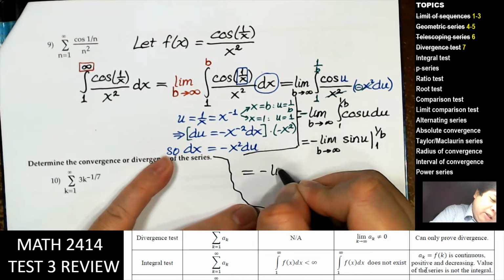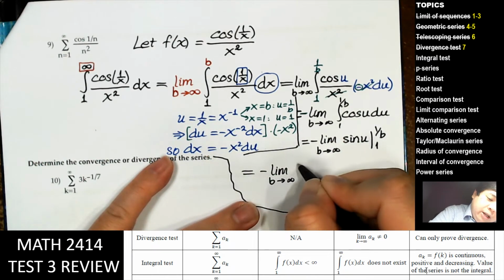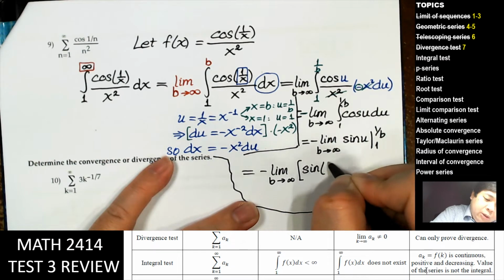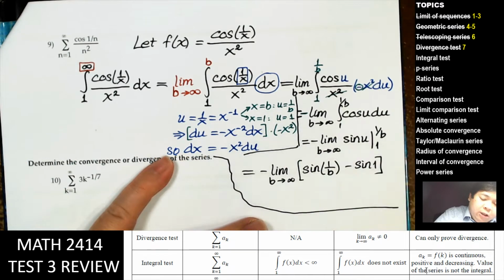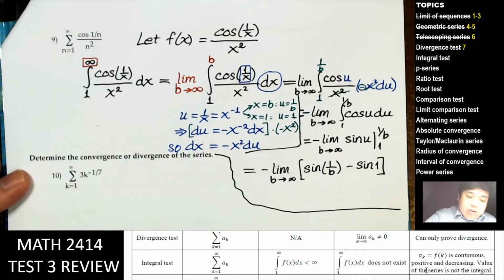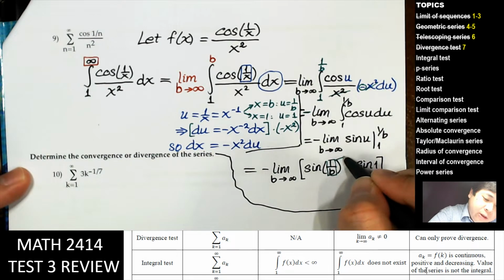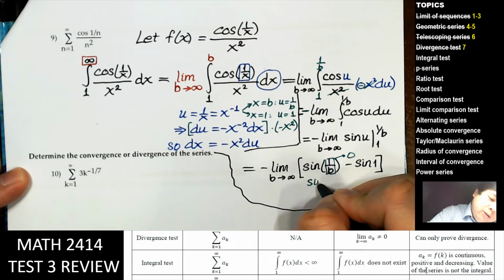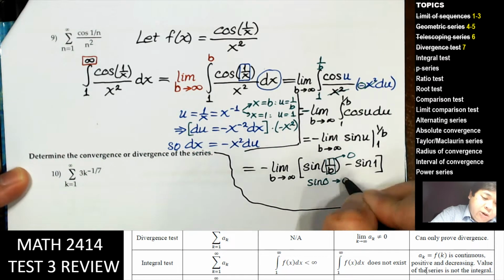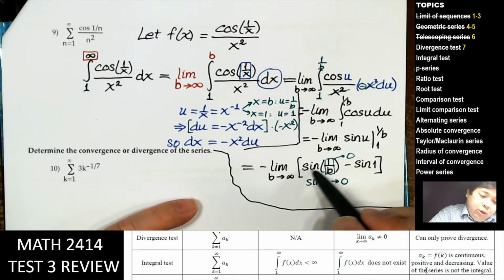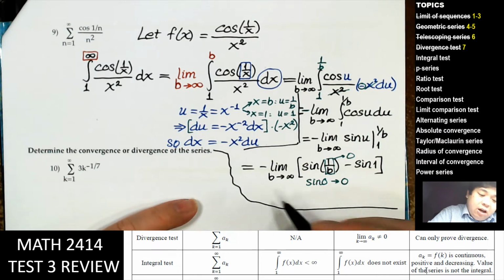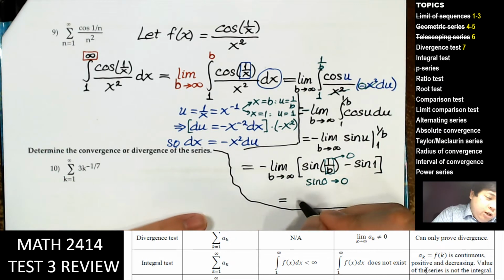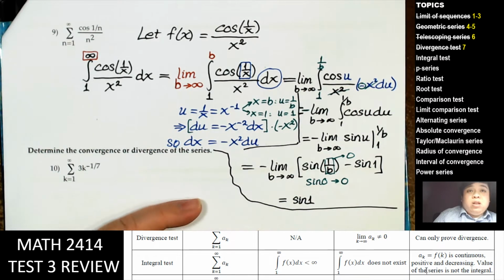So that is negative limit when b goes to infinity of sine of 1 over b minus sine of 1. Now since b goes to infinity, 1 over b goes to 0, and sine of 0 goes to 0. So pretty much we have 0 here, and we have negative sine of 1, so this is just equal to negative sine of 1, which is a finite number.